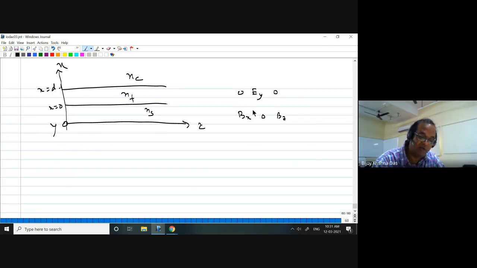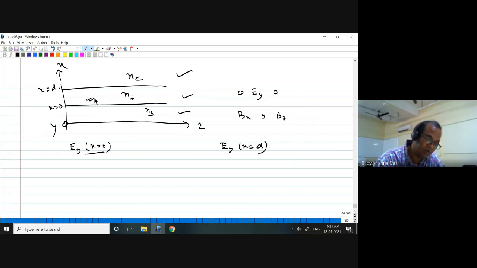So in our hand, we know Ey at x equal to 0 and at x equal to d. Solutions are there in all three regions, but at x equal to 0 I have two solutions: the solution for this region as well as the solution for that region.